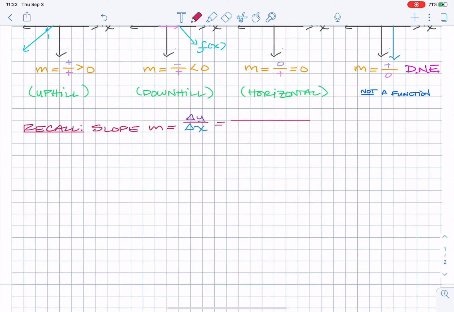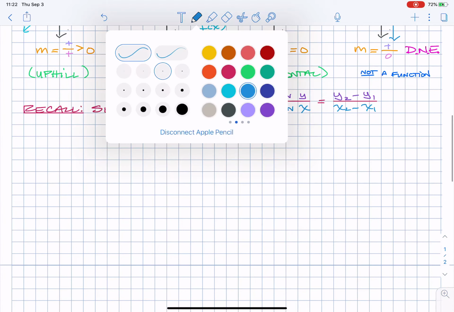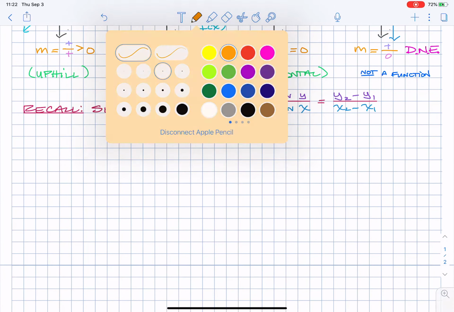So in English we would say change in y over change in x. Or the rise over the run, as we're used to. But what that really means is the second y coordinate minus the first y coordinate divided by the second x coordinate minus the first x coordinate.